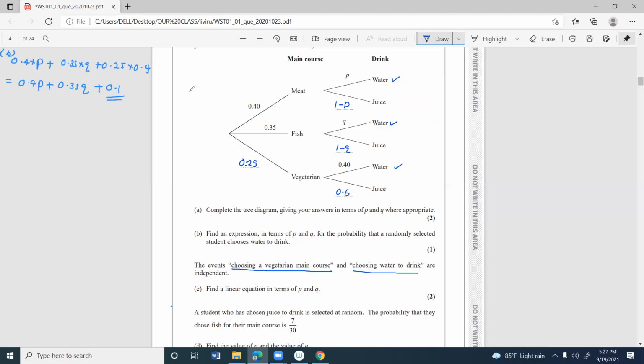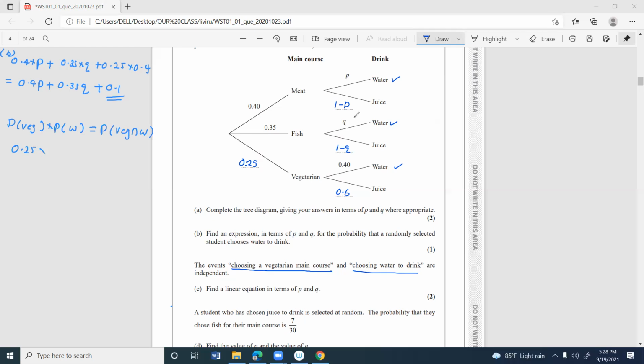That means the probability of veg times the probability of water should equal the probability of veg intersection water. That's the condition we have to work out with independence. Probability of being veg is simply 0.25.